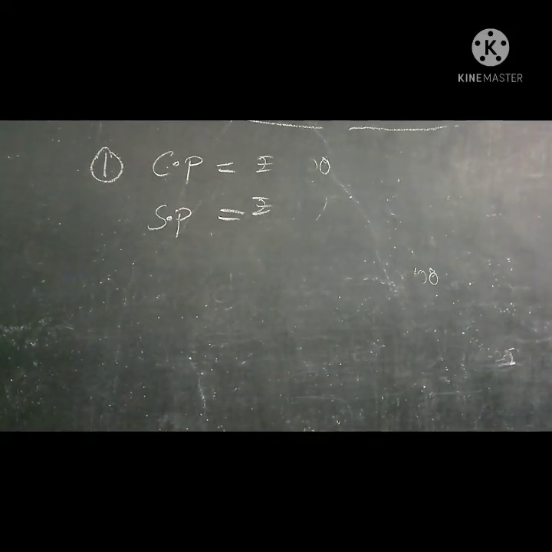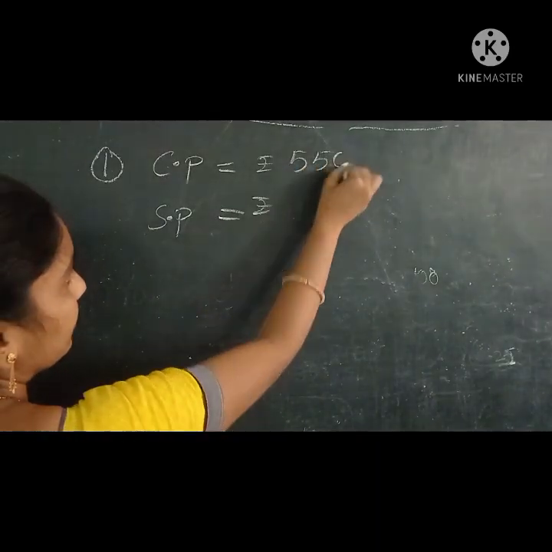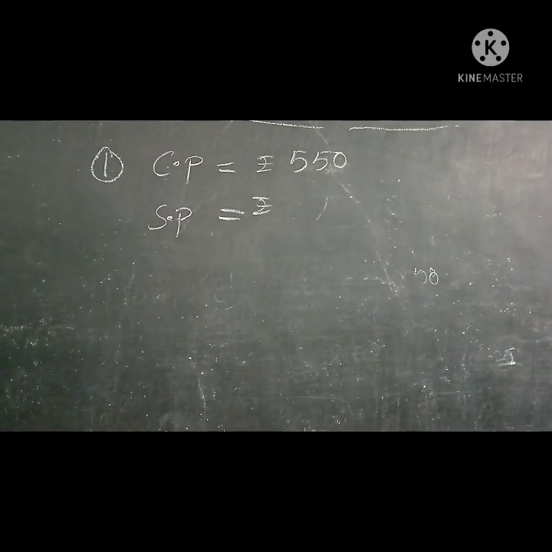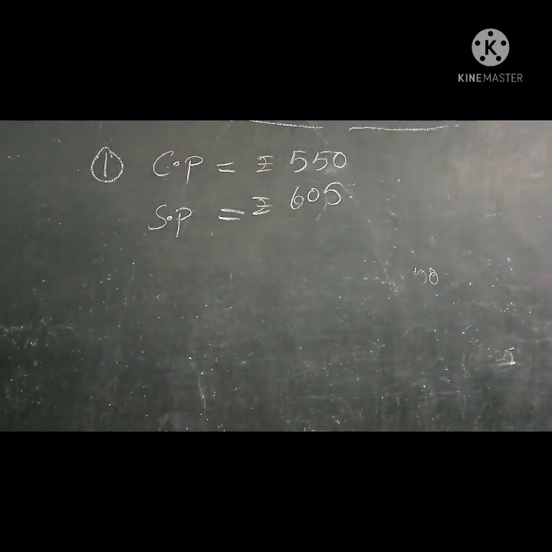Second one: cost price is equal to 550 rupees. Next, selling price is equal to 605 rupees. Here profit or loss, tell me. Yes, profit.